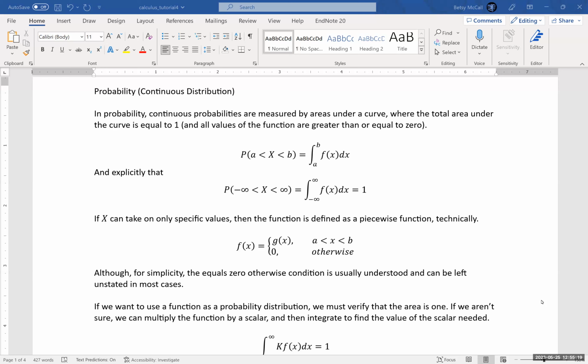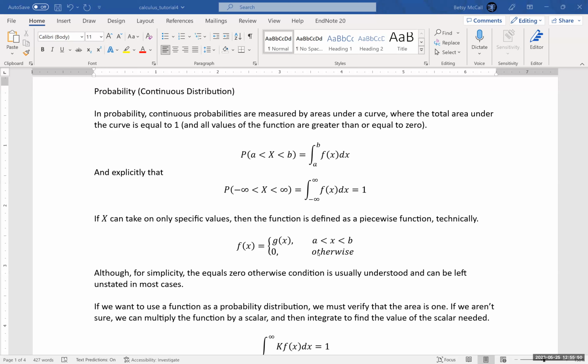So typically these are defined between two particular values, and formally they are defined by a function and then zero otherwise. Sometimes these are just given as functions defined on a particular interval, and it's understood that these are the non-zero values and everywhere else it is assumed to be zero.